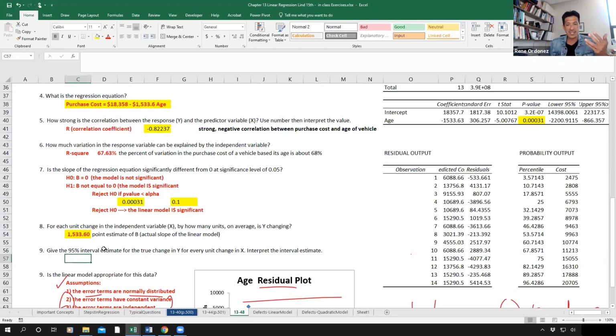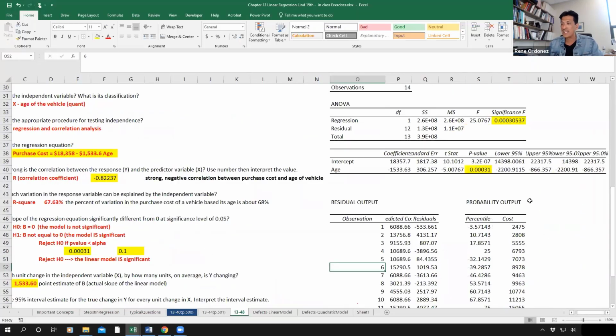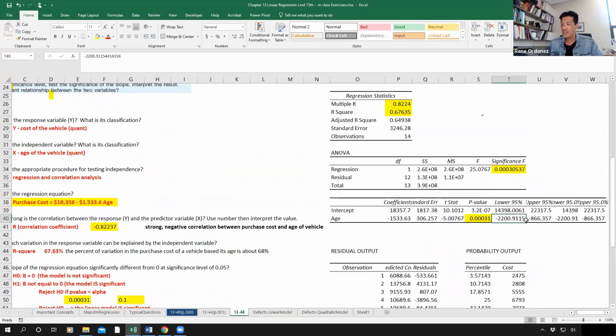Give me the true change in the cost of a vehicle for every year change in vehicle age. Here, we don't have to compute that because it is reflected in the output over here.